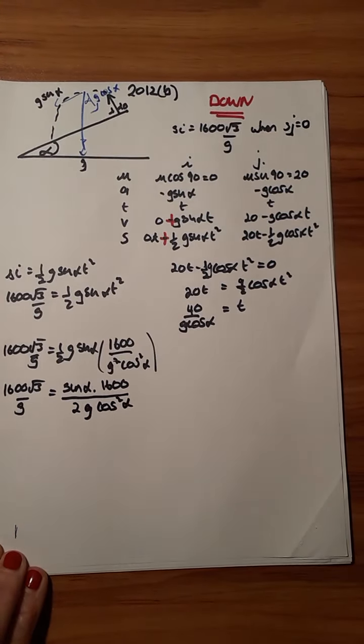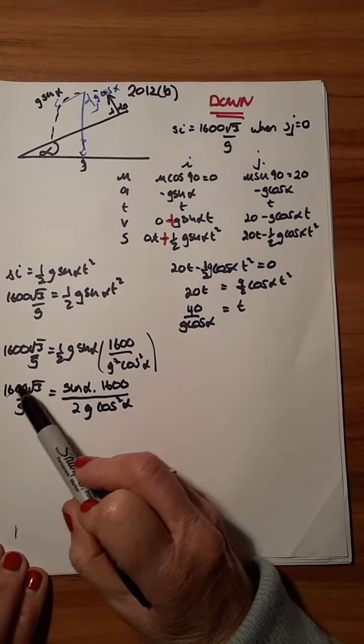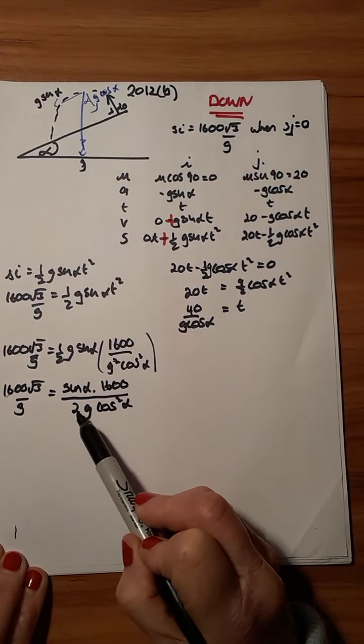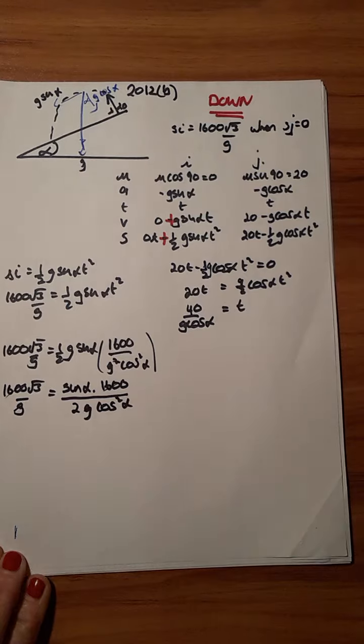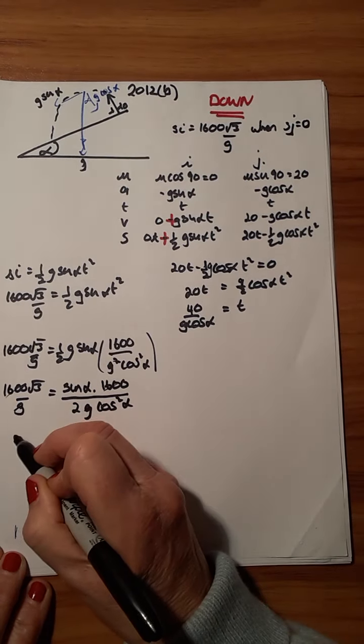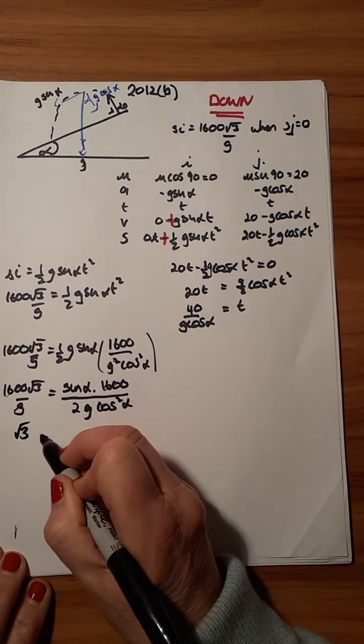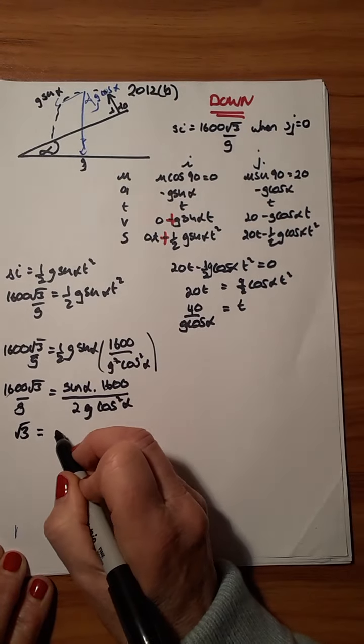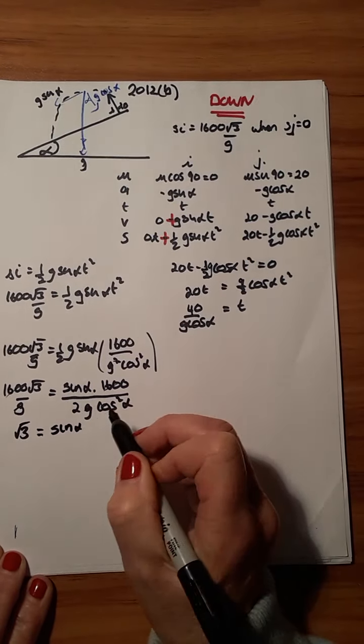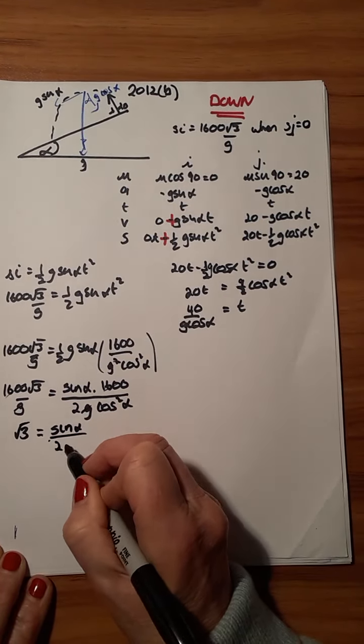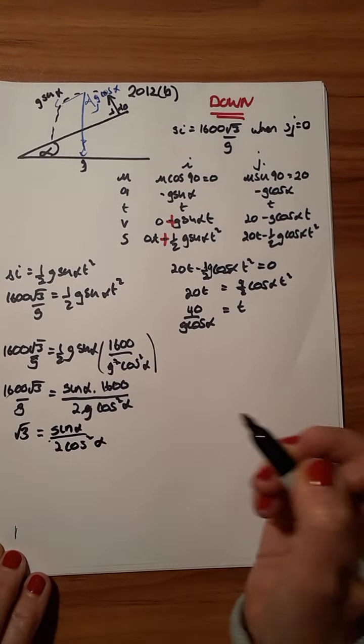So things will start to cancel off. That 1600 will cancel with that 1600, that g will cancel with that g. So on the right hand side I will just have root 3, on the left hand side I'll just have root 3, and on the right hand side I'll have sine alpha over twice cos squared alpha.